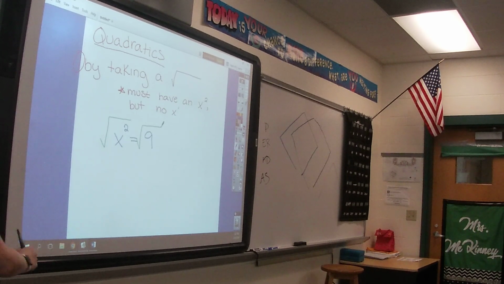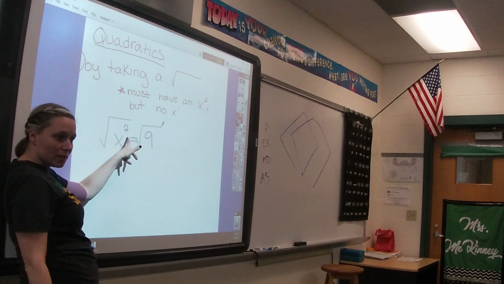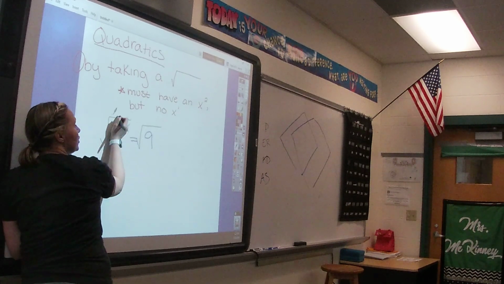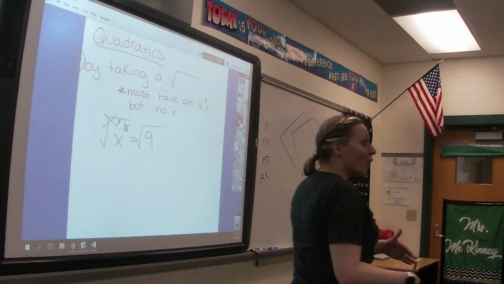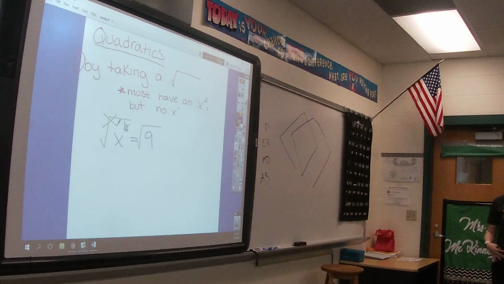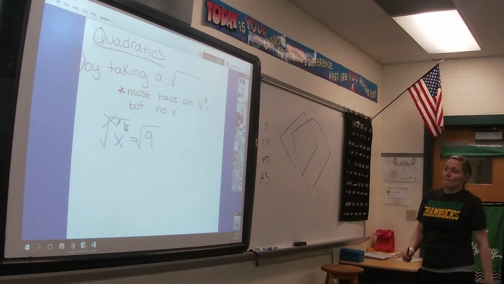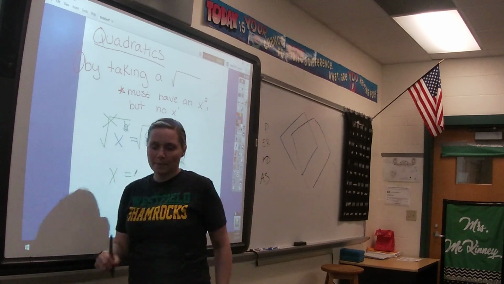So when we use inverse operations, these just cancel each other out. So the exponent of 2 and the square root just cancel each other out. Right, 4 squared is 16, but the square root of 16 is 4. It takes me right back where I started. Okay, so those two are gone, which just leaves us with an x.